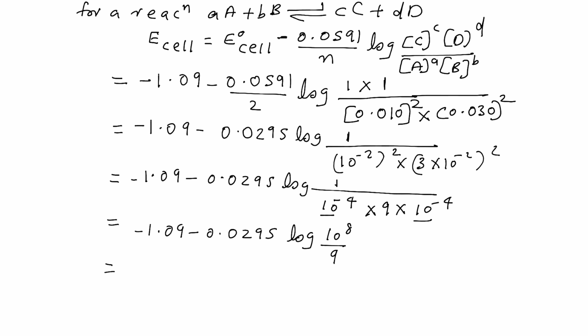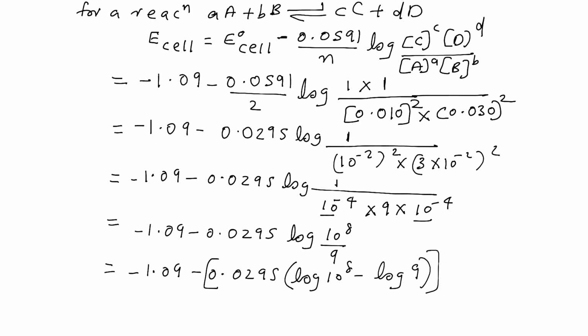Okay, now minus 1.09 minus 0.0295 log. See here we are using log a by b rule. Log a by b is what? Log a minus log b. Clear, right? Clear.